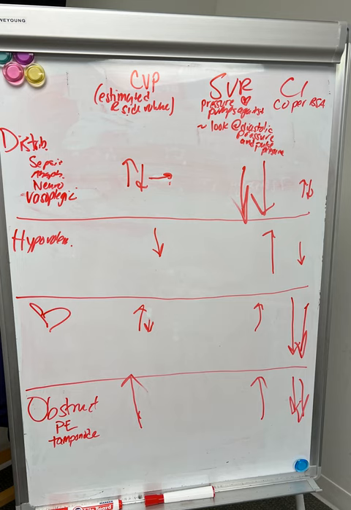So in a high SVR state, which is 3 of the 4, you are going to have a narrow pulse pressure. 68 over 52. 75 over 61. 101 over 82. Something like that. Very narrow pulse pressure.